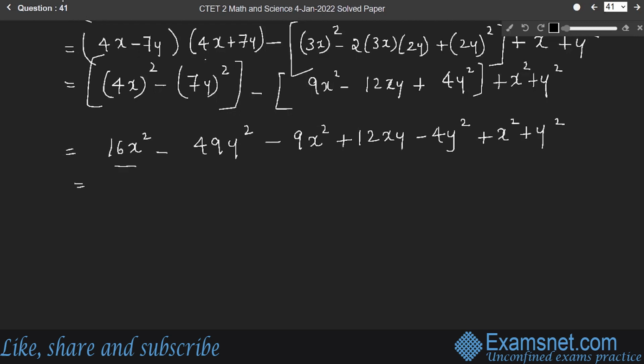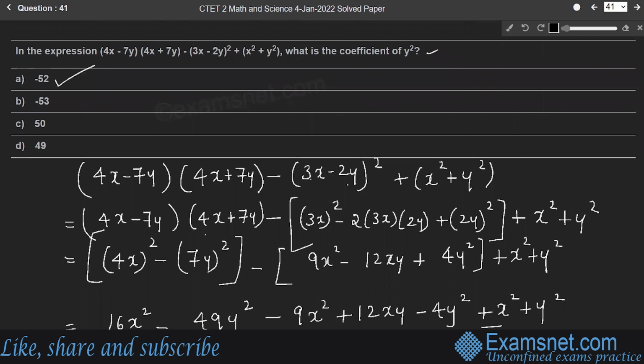So 16x square minus 9x square, which is equal to 7x square plus x square is 8x square, minus 49y square minus 4y square, which is equal to minus 53, plus y square, minus 52y square, and the last term is plus 12xy plus 12xy. Therefore, coefficient of y square is minus 52. Option A is the right answer.